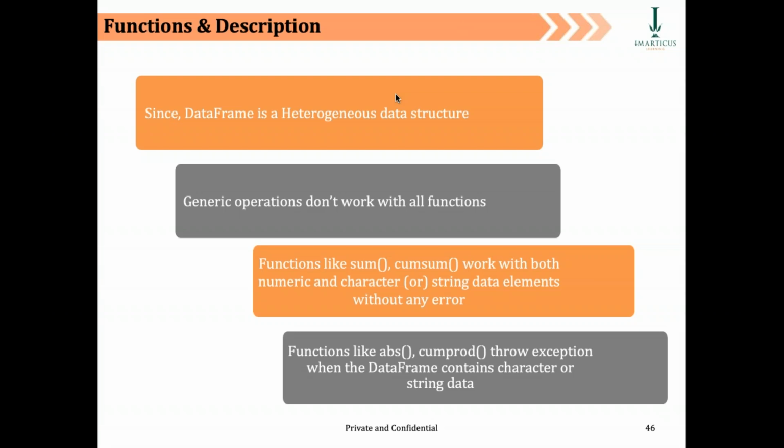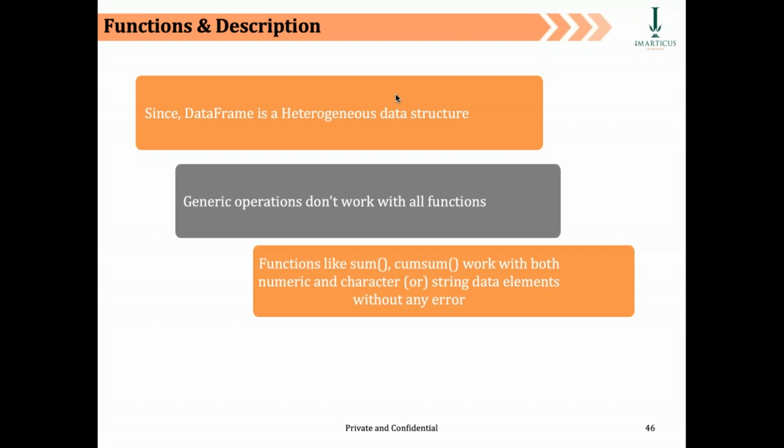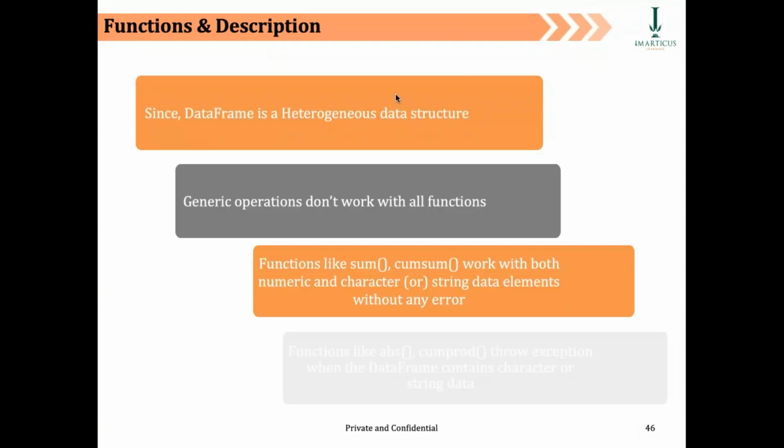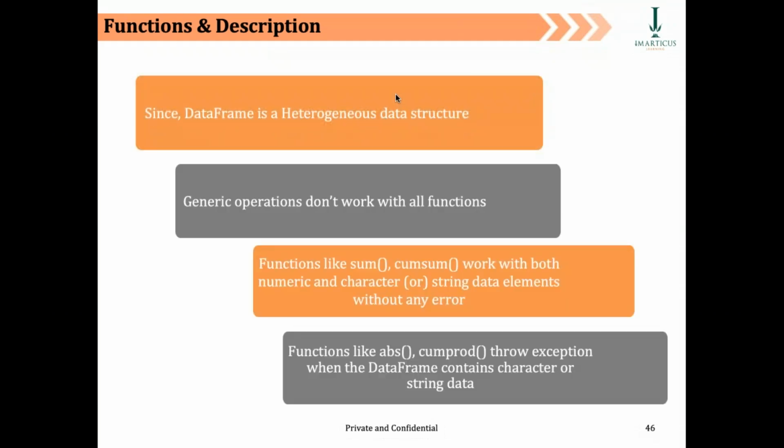Similarly, functions like abs. What is abs? Abs is basically the absolute value. Okay, absolute value. And cumulative product throws an exception when the data frame contains character or string data. Because on a string, can you perform absolute value?